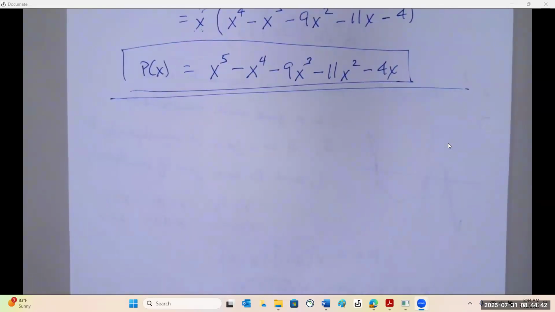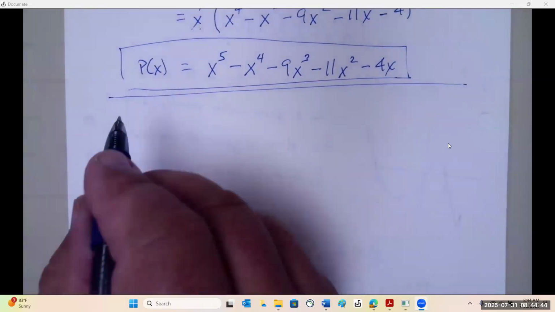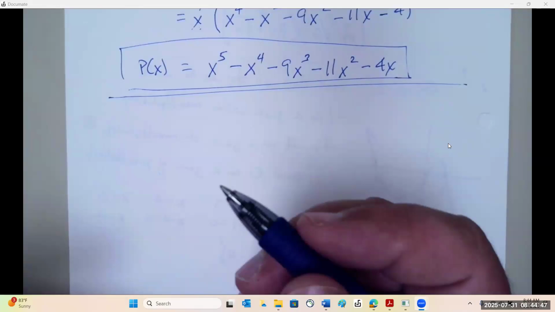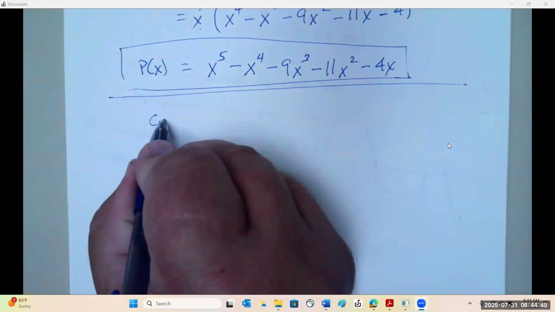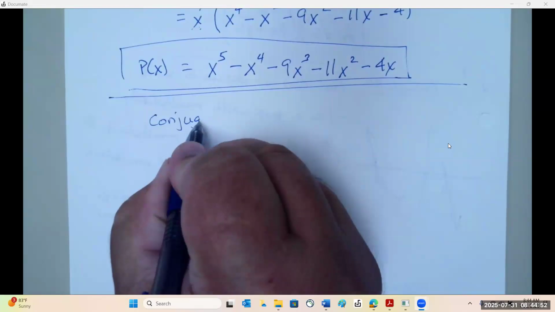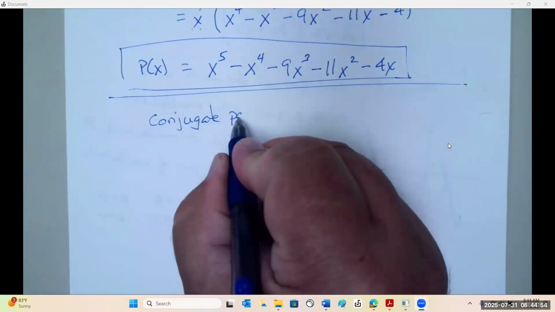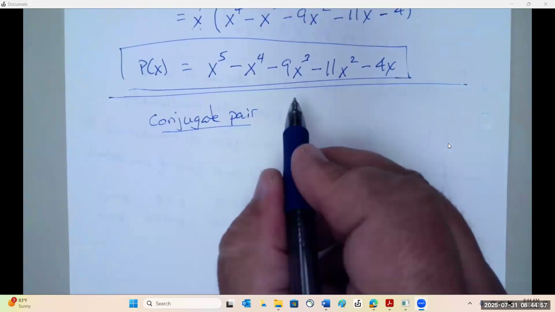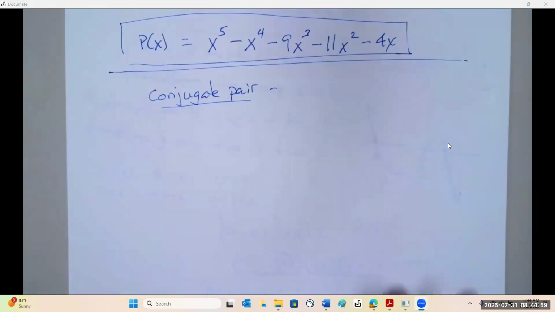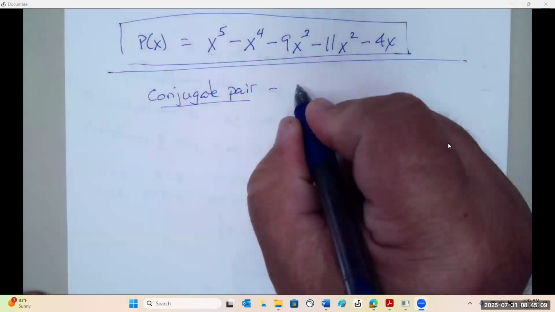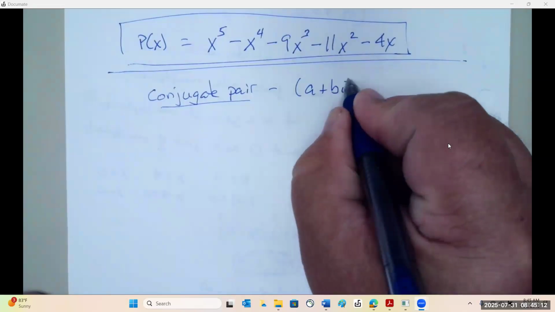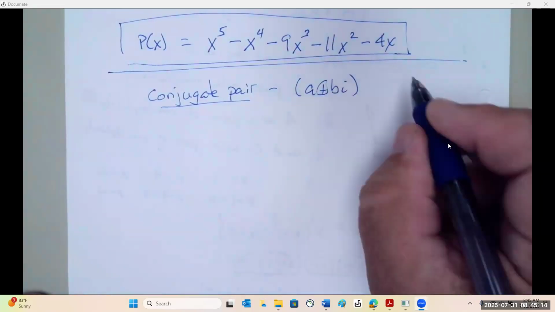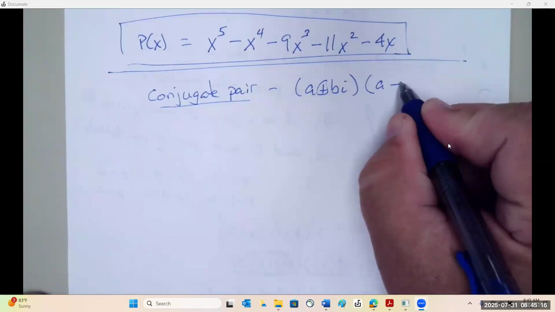Any questions so far? Now let's remember what I said about complex conjugates, conjugate pairs. What is a conjugate pair? A little bit more to it than that. Opposite signs where? Imaginary term or the radical. In other words, if I had a plus bi, I just change the sign in front of the bi. So it's a minus bi.